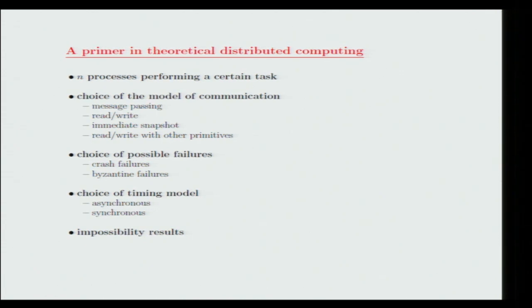When they want to understand something about a model of computation, one way is to see which of the tasks can be solved in this model and which cannot. And once you know that they can be solved, another question is how long does it take? So questions of complexity. These are of course classical questions in any theory of computation: solvability and complexity.